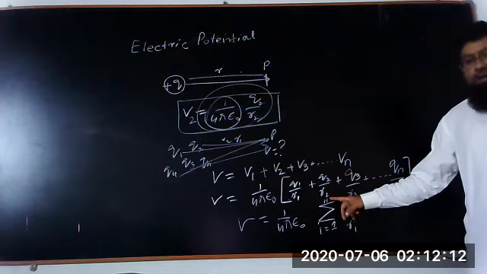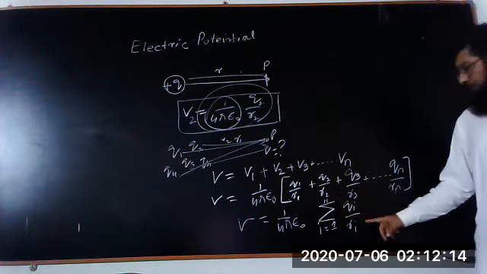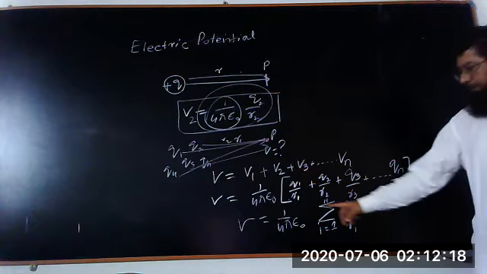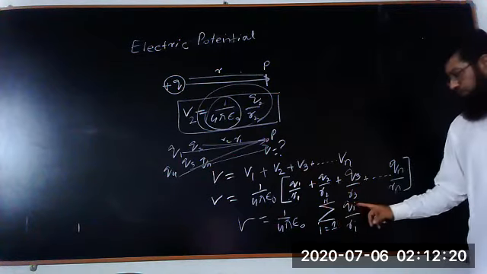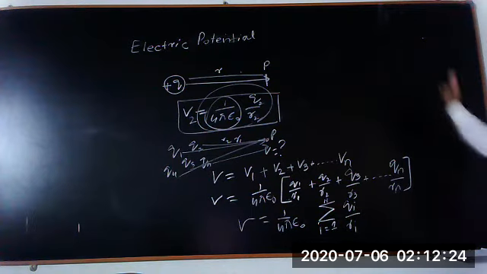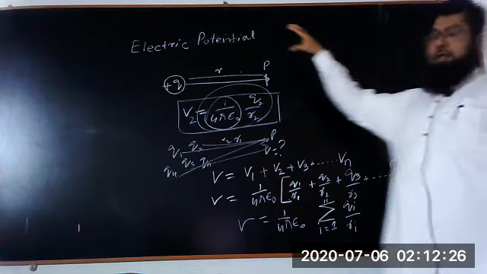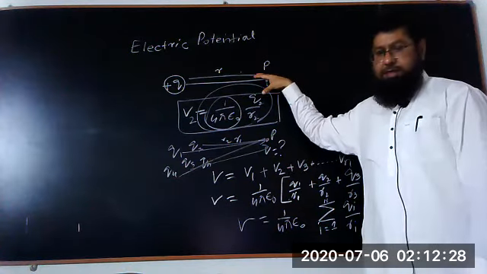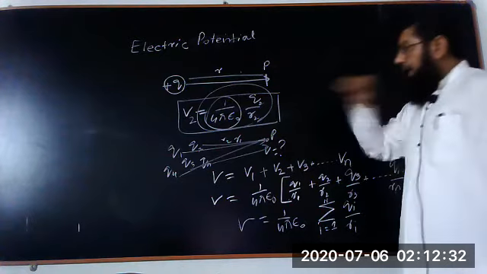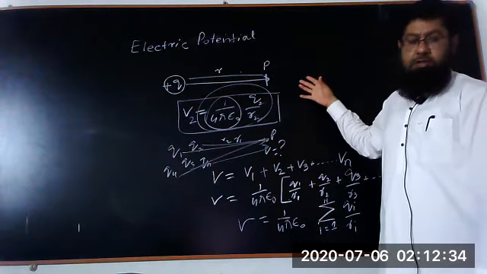The potential due to the first charge is Q1 upon R1, due to charge Q2 it is Q2 upon R2, and so on. This is how the electrical potential is calculated. This is what we did in the last lecture; I just repeated it to recall your memory.